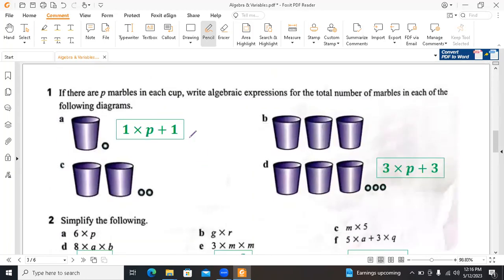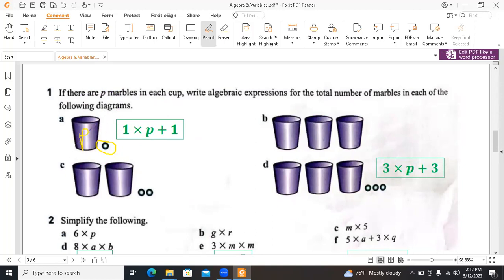For example, they ask us: if there are P marbles in each cup, and we have different cups, different cases, and alone aside the cup we have one marble, how do we use the algebraic expression to compute the total number of marbles in each of the following diagrams?